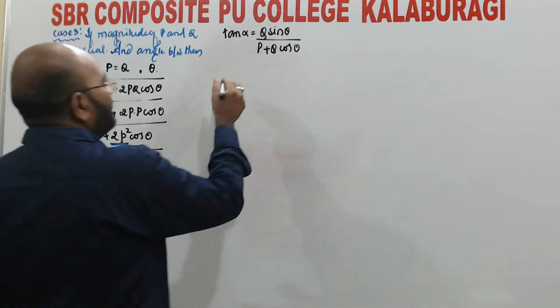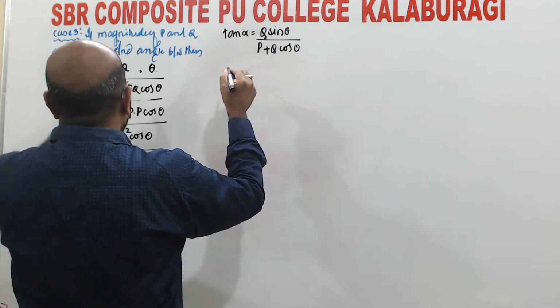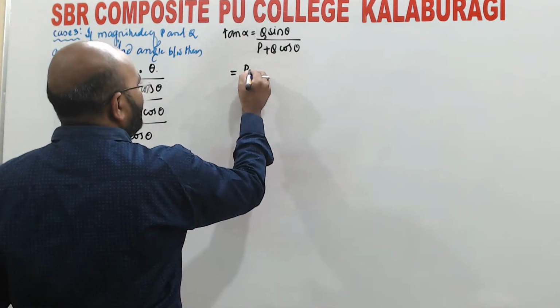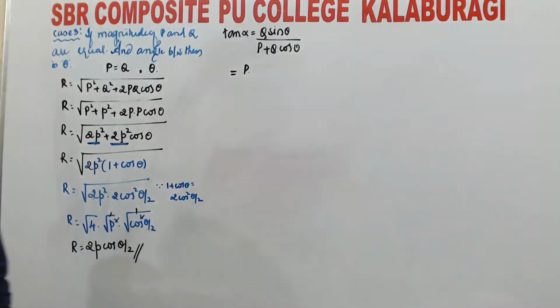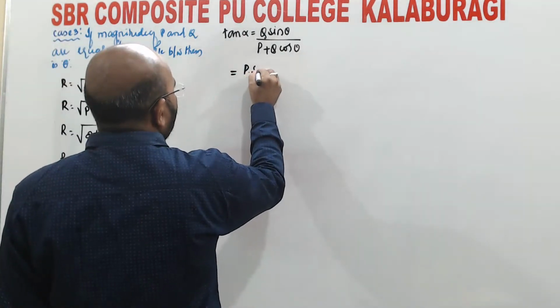Therefore, now we can write tan alpha is equal to Q sine theta.